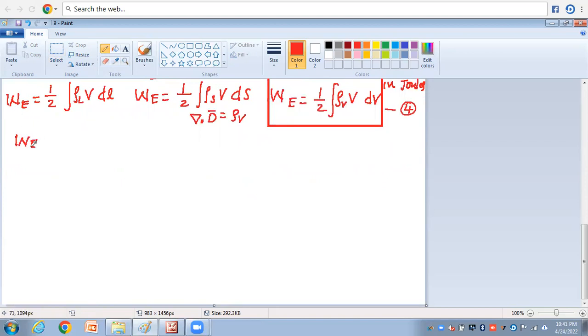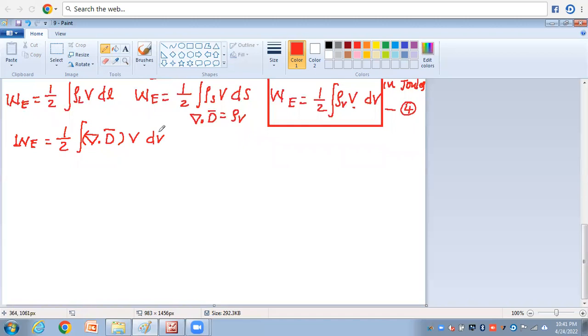Work done WE equal to 1/2 integral of rho v, meaning del dot D bar, times V, the potential, and this is volume. Now better to go with small brackets, with respect to dv.